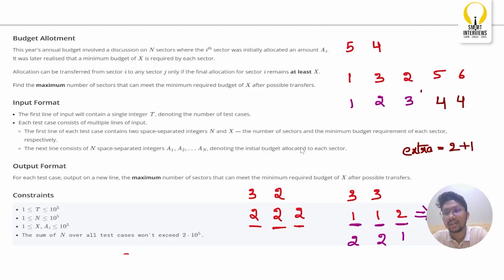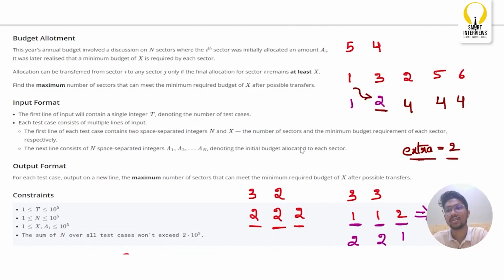I'll check here. Here it is smaller than the minimum budget, so I'll add values. How much amount should I add here? Nothing but 4 minus 3. I'm going to add 1 here, so I'll remove the extra amount and add it here. Next, I'll check how much amount is required to fill the sector to achieve the minimum budget.